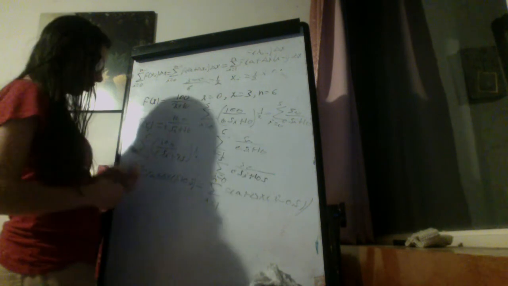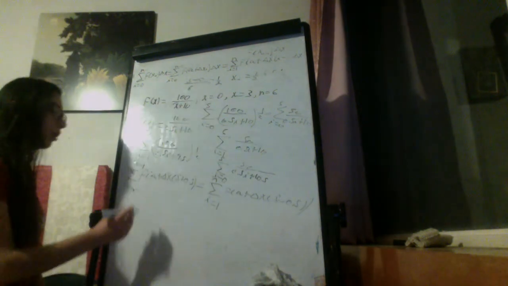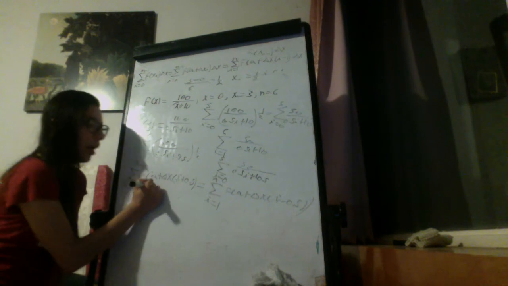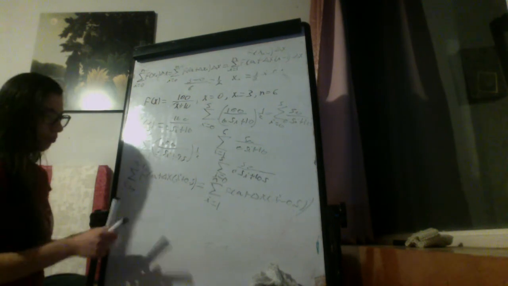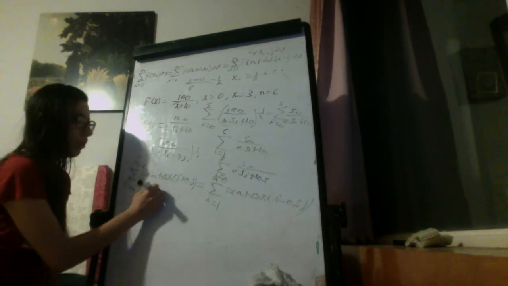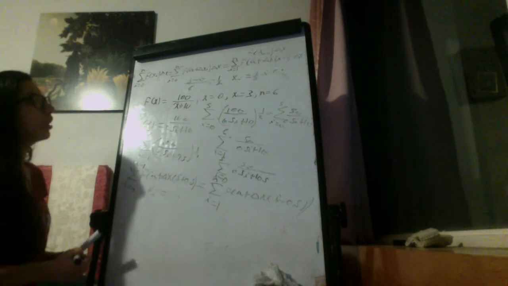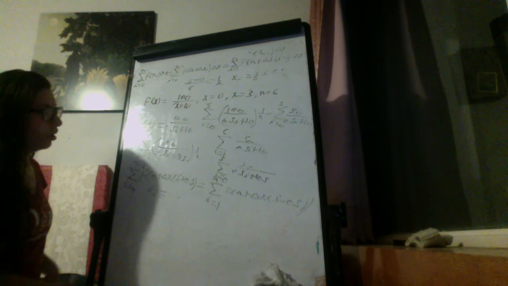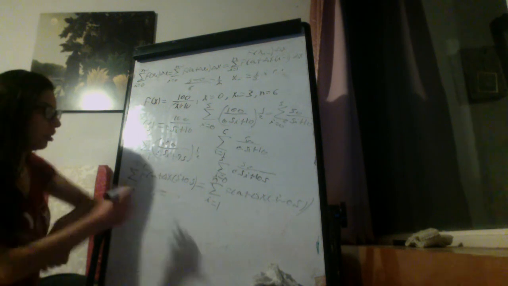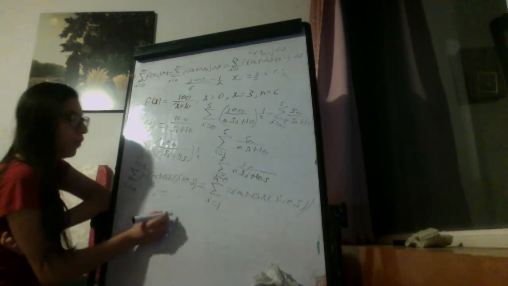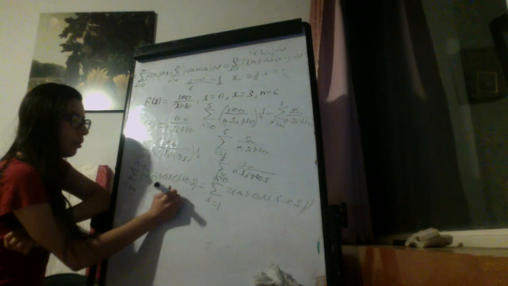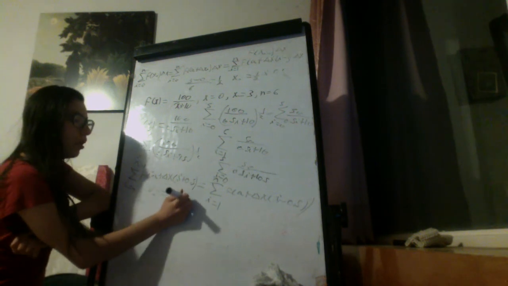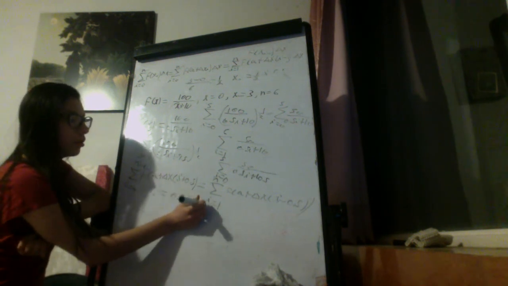Alright, so here we have what's x sub i. x sub i is a, which is 0, and delta x is 0.5, so we have 0.5 i plus 0.5.